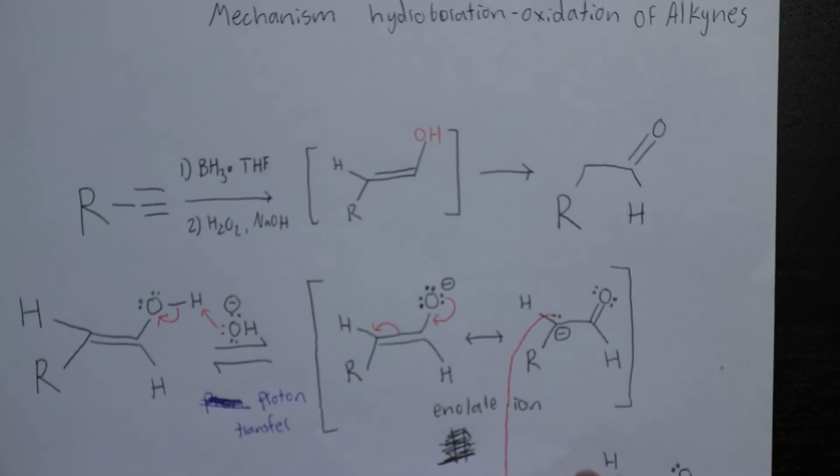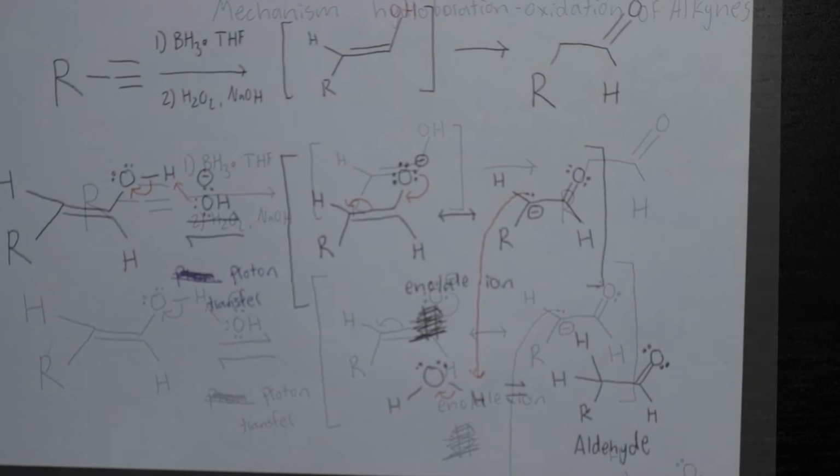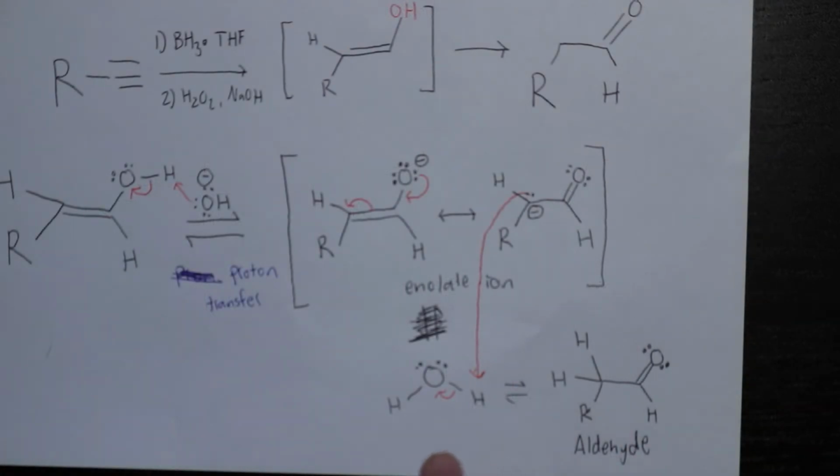The enolate ion reacts with water as it takes a hydrogen from the water, then forming an aldehyde. Let's move on and show you some examples so you can practice.